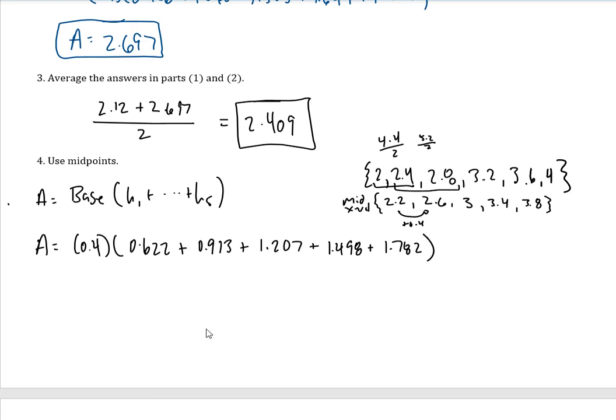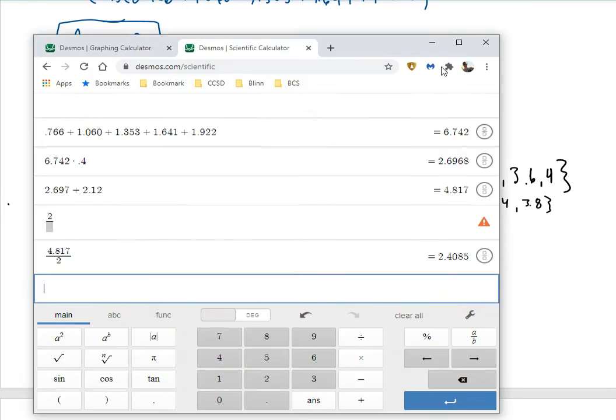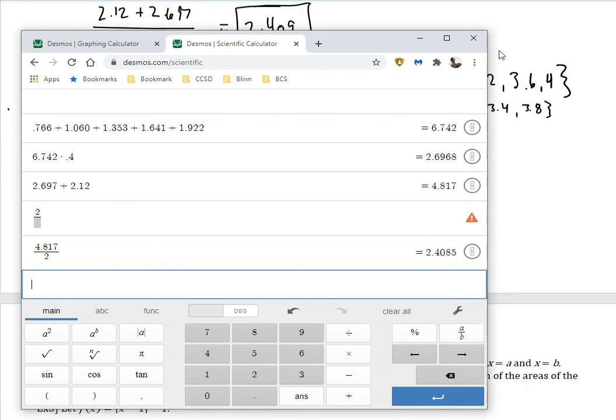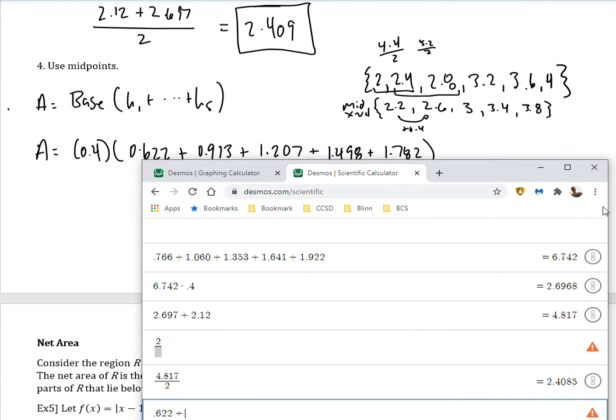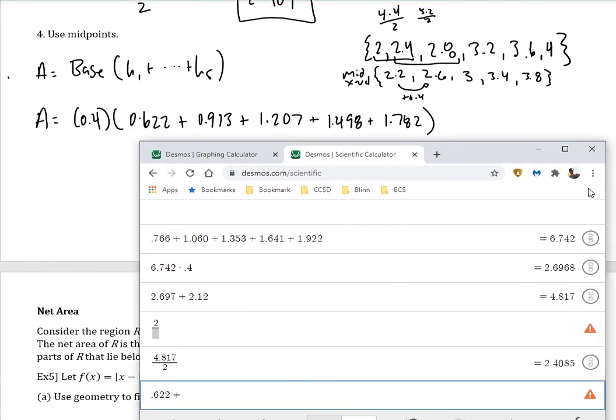Okay, and now we just need to add those up one more time with the scientific calculator. Almost there. So I have 0.622 plus 0.913 plus 1.207 plus 1.498 plus 1.782.